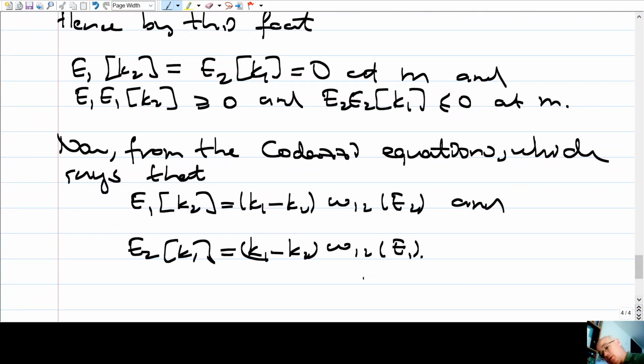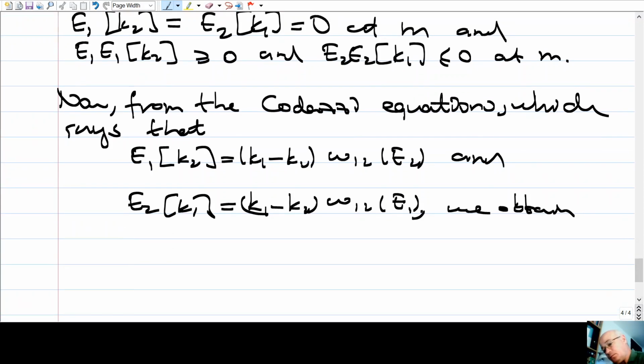We obtain, so if I plug all these in, we get what? So this is 0, and this is not 0. K1 and K2 are not equal to each other. K1 is strictly larger than K2.